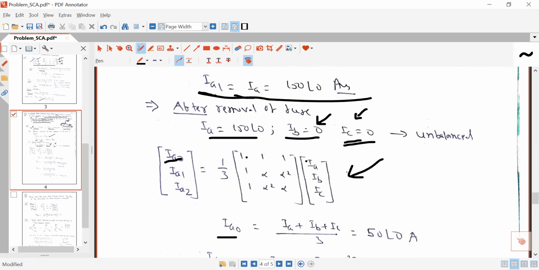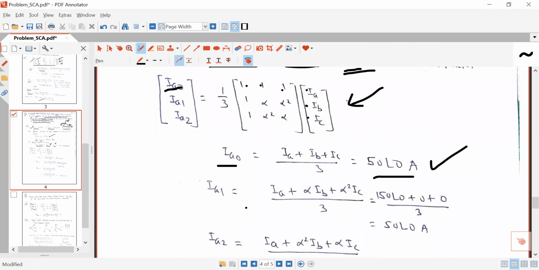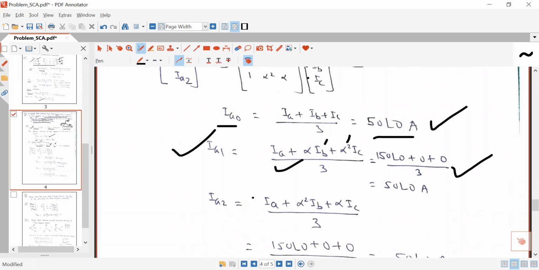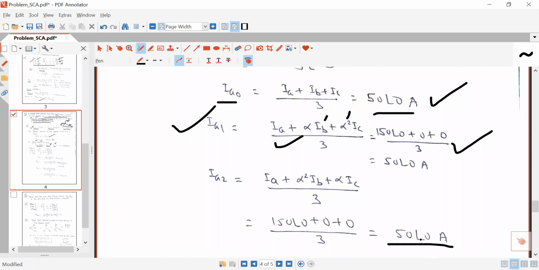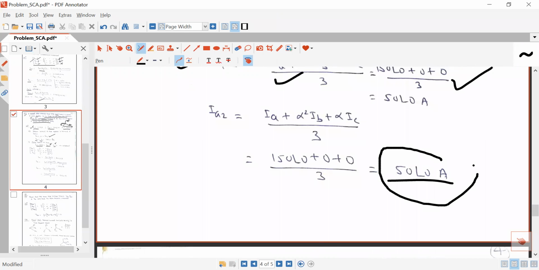IA naught will be IA plus IB plus IC divided by 3. When you substitute the values of IA, IB, IC, you will get this result. Similarly, IA1 will be 1 into IA plus alpha into IB plus alpha square IC, divided by 3. But IB, IC are 0 here, so you will get 50 angle 0. Similarly, you can calculate IA2. In this way, you can calculate the values of the phase sequence components.